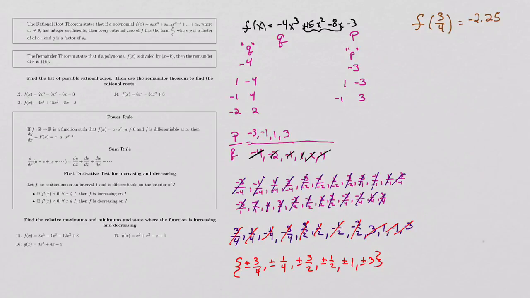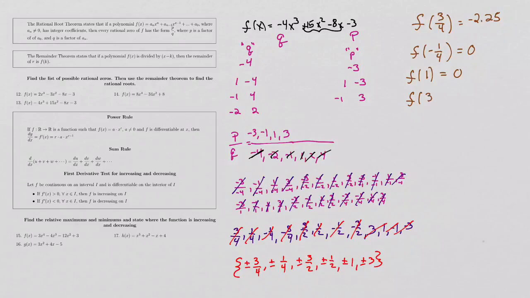So the remainder, if we would actually do polynomial long division or synthetic division, would be -2.25. So if we actually evaluate f of -1/4, that actually becomes a 0. If we evaluate f of 1, that equals 0. If you evaluate f of 3, that is 0.